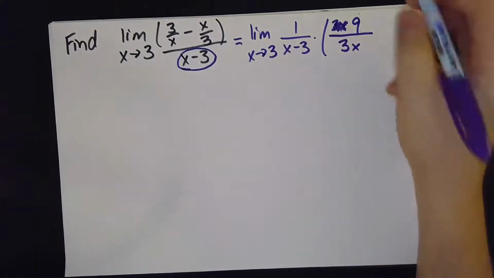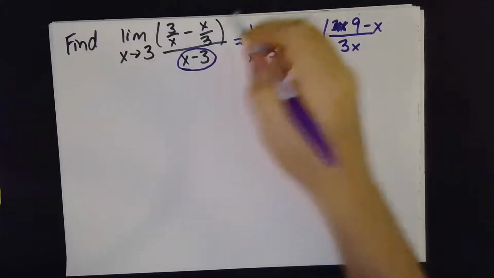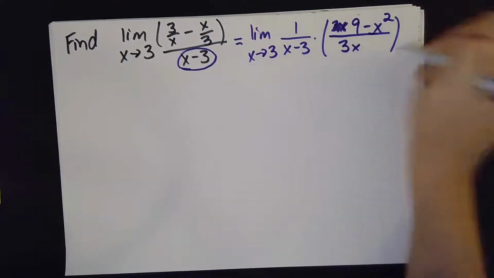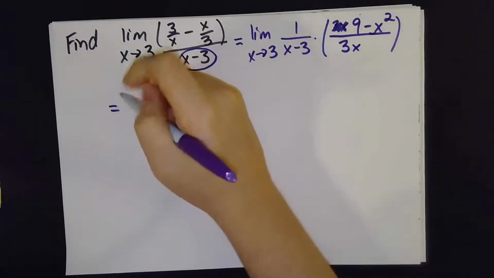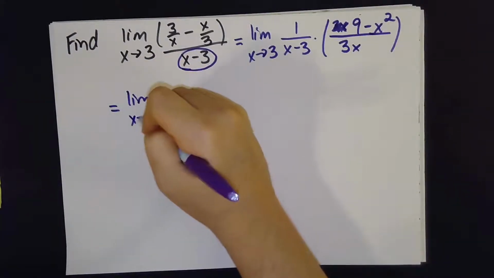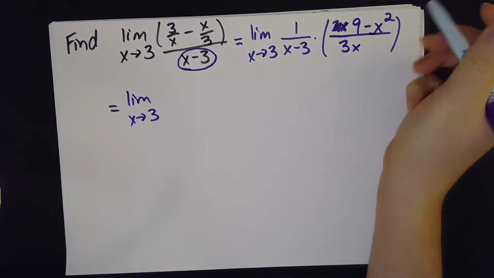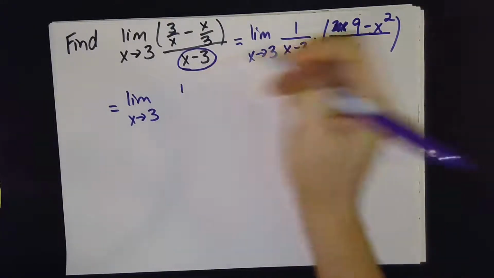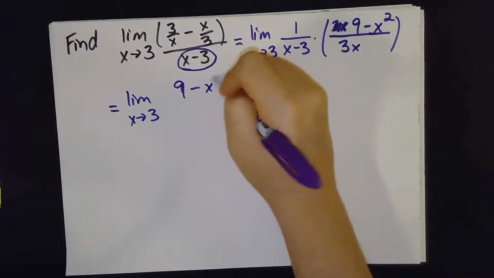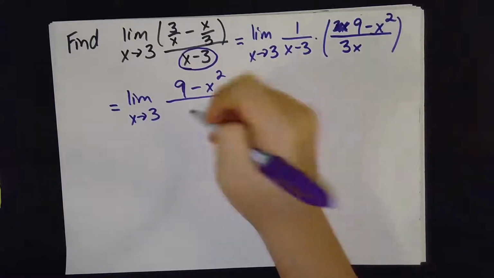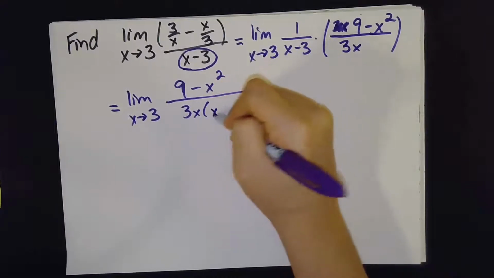That needs a 3 minus, and then this needs a second x. And so this will turn into the limit as x goes to 3 of 9 minus x squared divided by 3x times x minus 3.